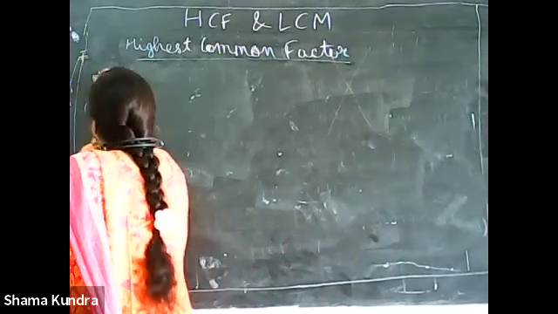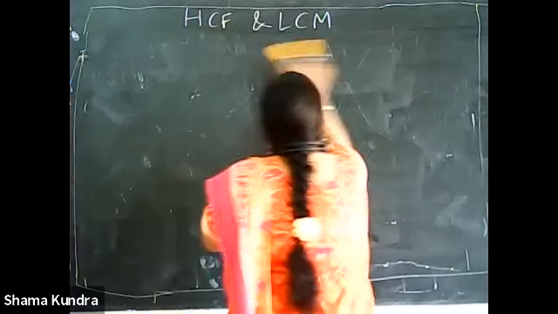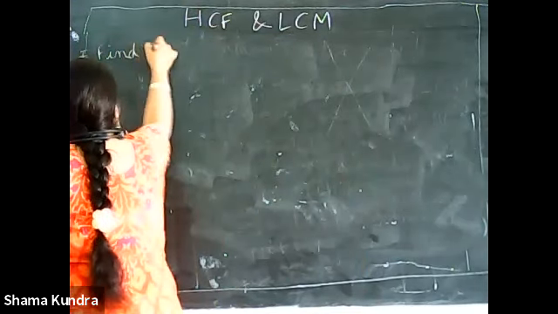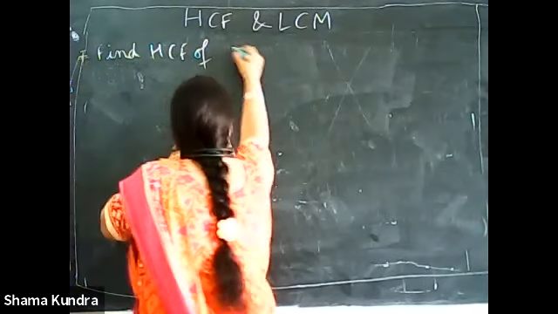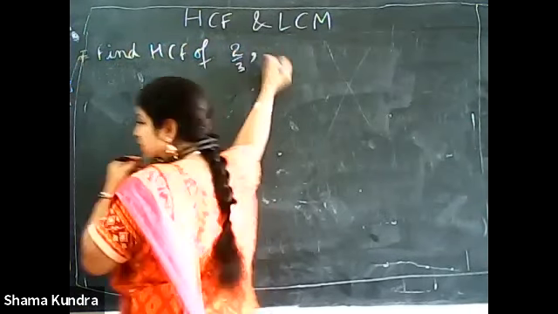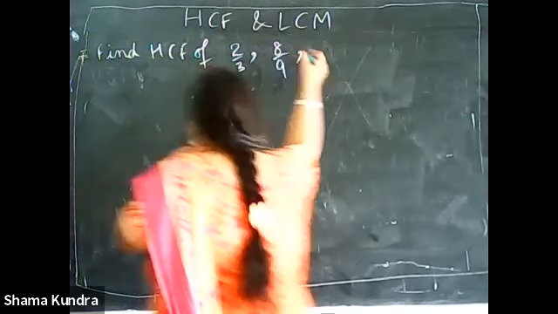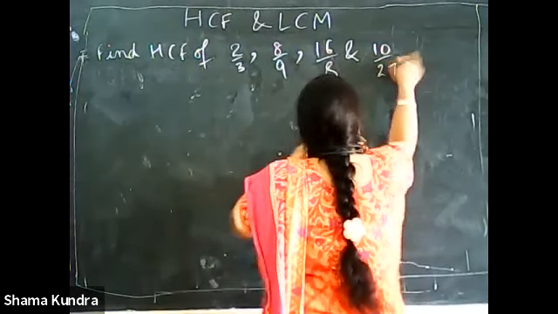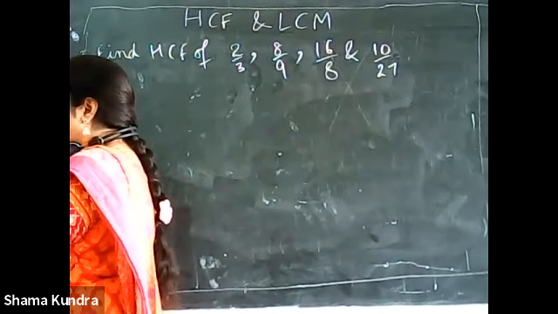First example is, find the HCF of 2 by 3, 8 by 9, 16 by 8, and 10 by 27. These are fractions and I want to find the HCF of these fractions.